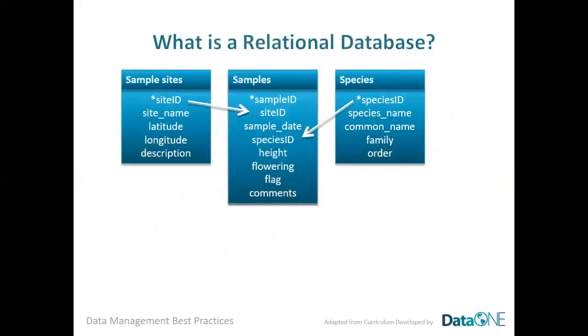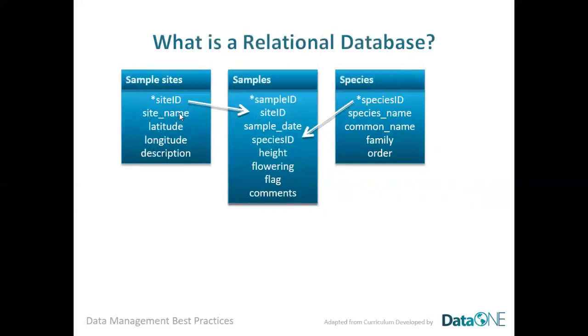The first table is information about the sample sites, and this is just a continuation of the previous examples that we've been looking at. So it's got all the information about the sample sites within this one table, and then the middle table contains everything about the specific samples that you're collecting, and then the third table contains all the information about the types of species that you would be collecting data for.